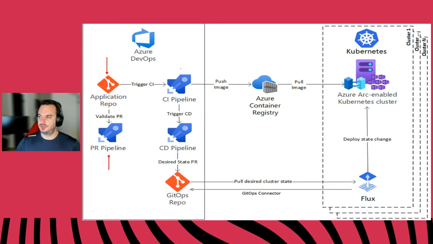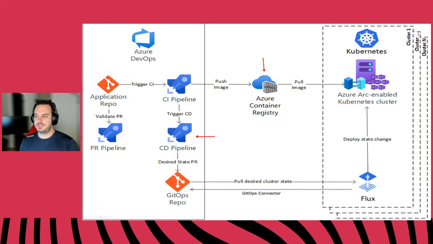And this usually triggers the CI pipeline. This pipeline runs more unit tests, but also creates the container image and pushes it to the container registry. In this case, it's the Azure Container Registry, but you can use any container registry you want, for example, Docker Hub. And this either automatically triggers the CD pipeline, or sometimes it's done manually.